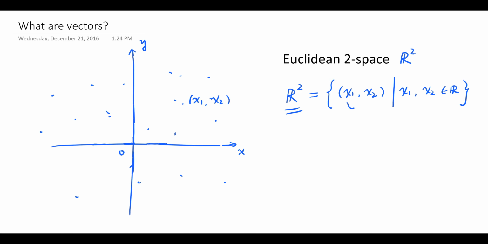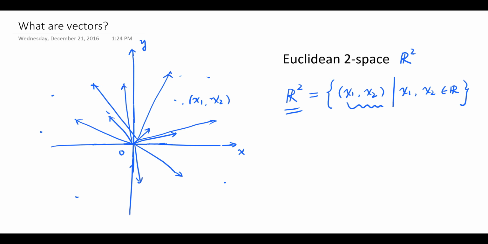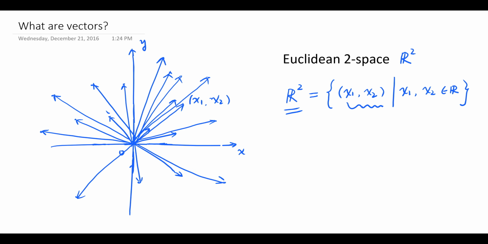In the meantime, because every two tuple also represents a vector in the xOy plane, R2 is also the set of all vectors in the xOy plane.